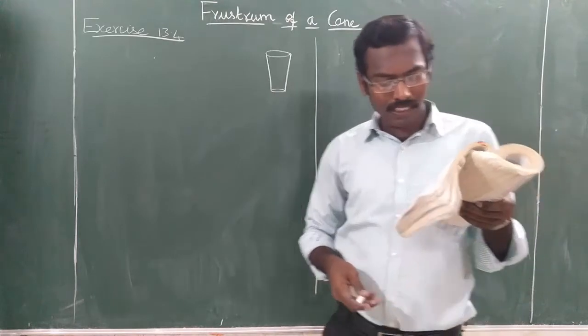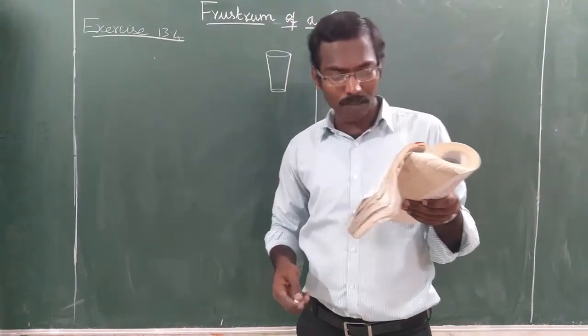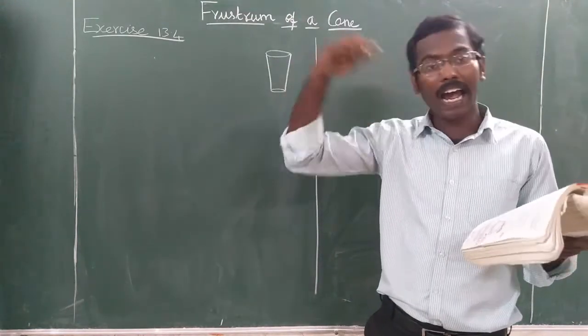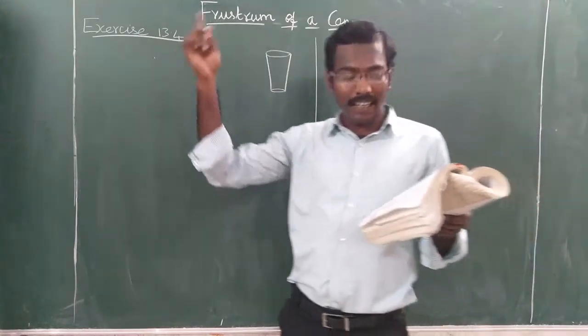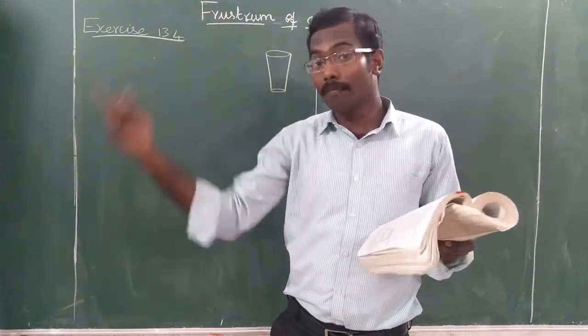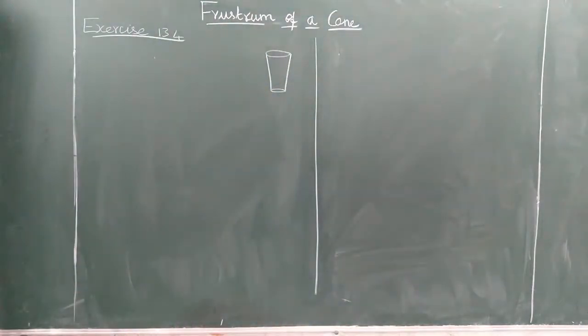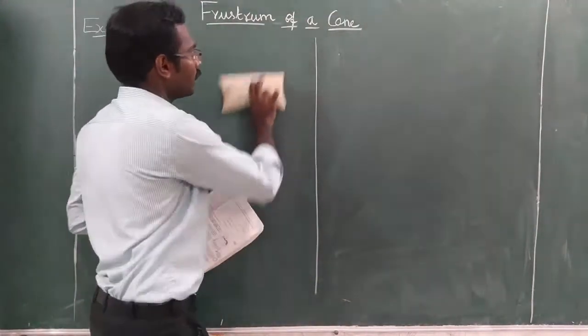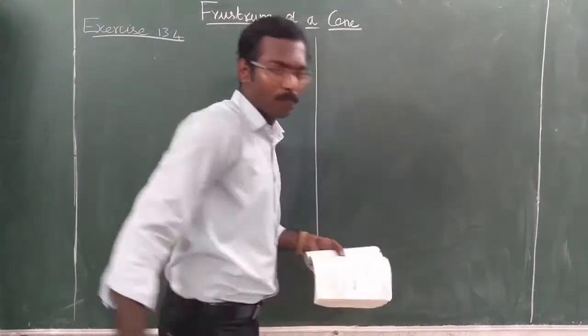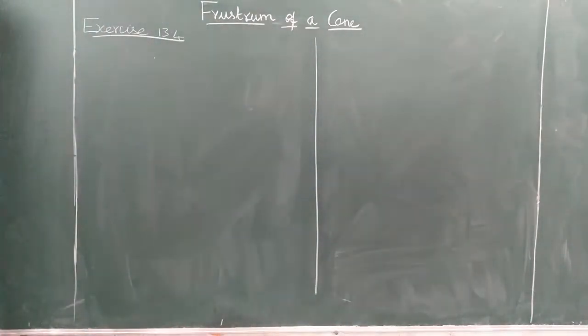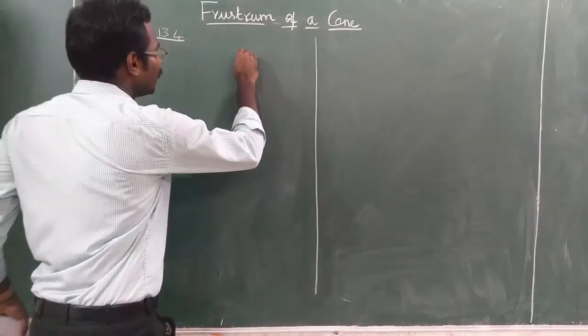The diameters of its two circular ends are 4 centimeter and 2 centimeter. The bigger diameter is 4 centimeter, smaller one is 2 centimeter. You have to find the capacity of the glass. You should understand one thing, capacity means nothing but volume. Understood? Capacity means volume. So glass is like this.